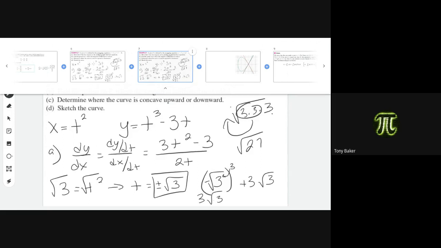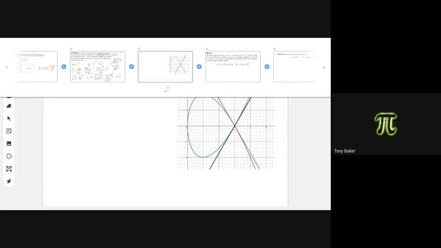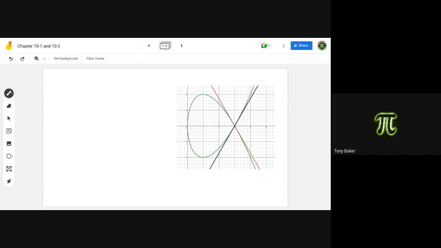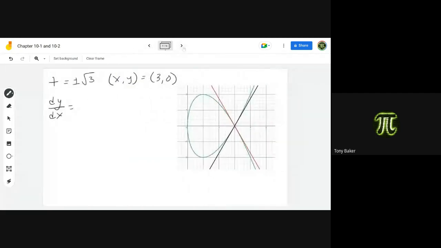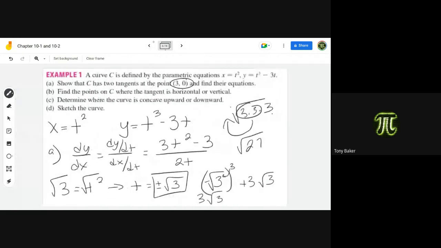Let's look at it this way. My t is plus or minus the square root of 3. My x, y is 3, 0. And my dy/dx was 3t squared minus 3 over 2t.